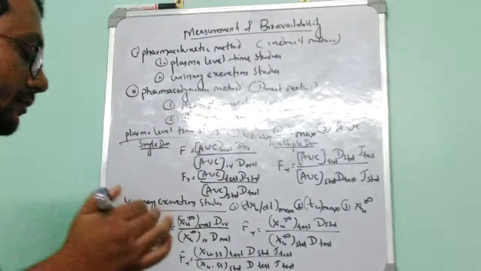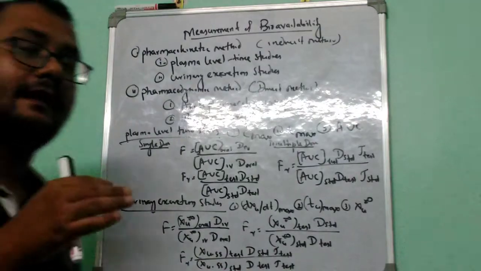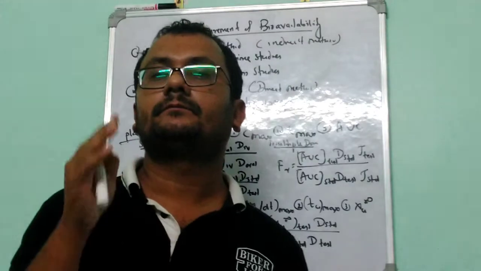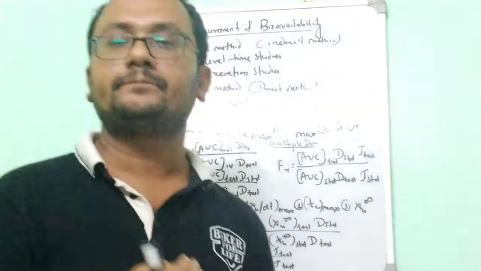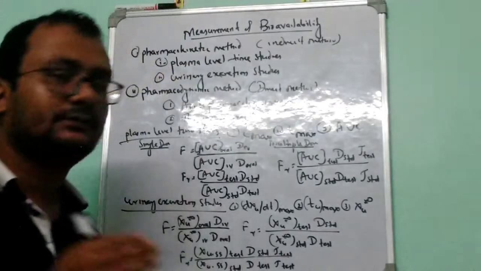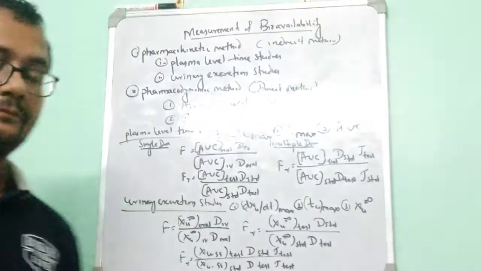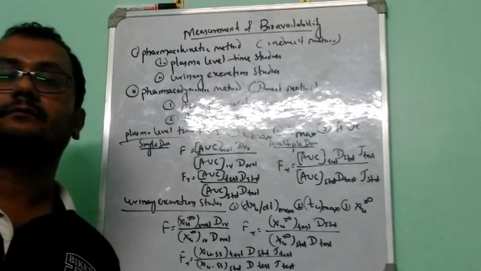Then coming to multiple dose studies, at minimum we have to collect samples up to 5 to 6 biological half-lives so that we get the correct study in the multiple dose study. After getting all this, we need to evaluate three parameters.